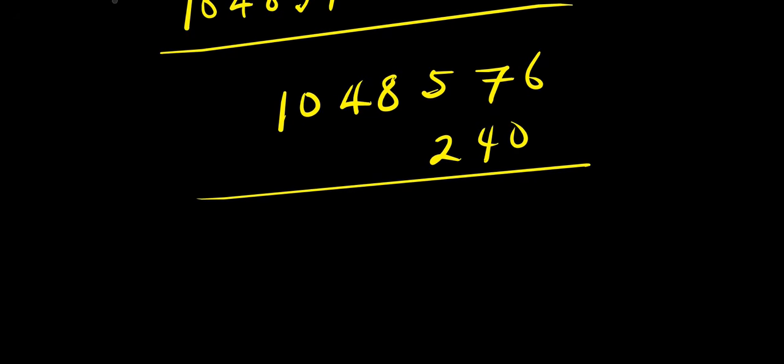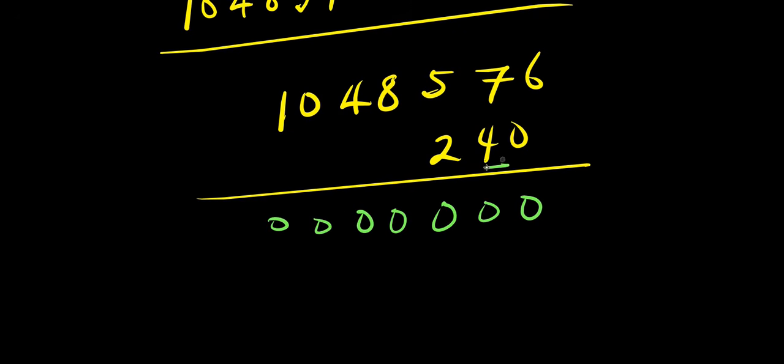First and foremost, I will make use of 0 to multiply everything here. This is 0 times 6, 0, 0 times 7, 0, 0 times 5, 0, 0 times 8, 0, 0 times 4, 0, 0 times 0, 0, 0 times 1, 0.